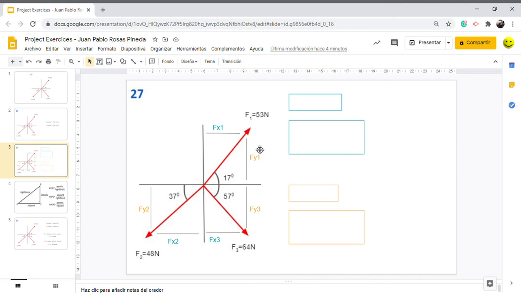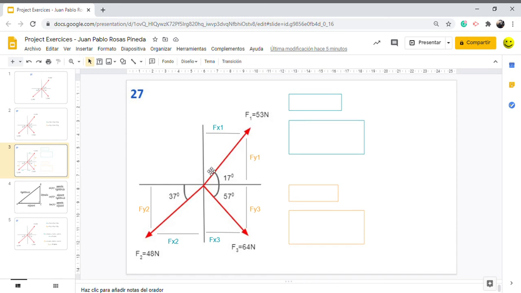Now, to solve this, we're going to start first by doing the fx, right? To do this, we need to use the Pythagorean theorem to get these values that we're missing, which in this case are going to be these two lines. First we have to analyze what values we have already.